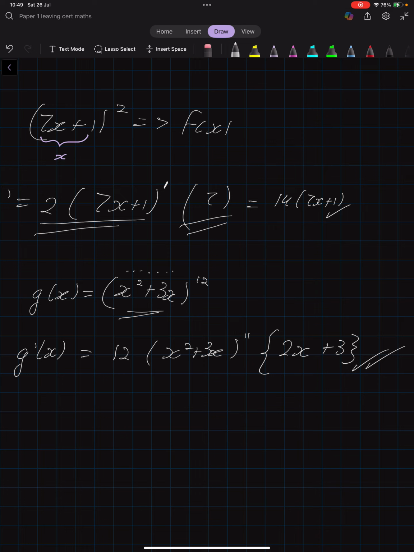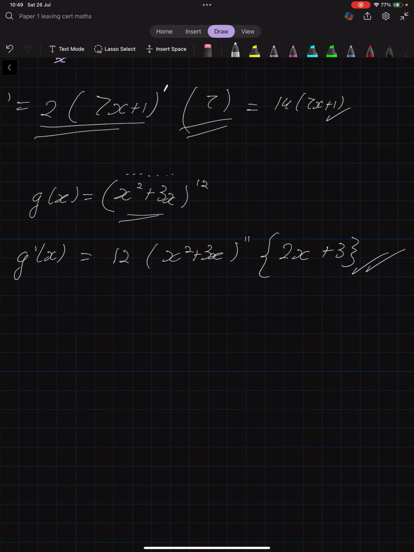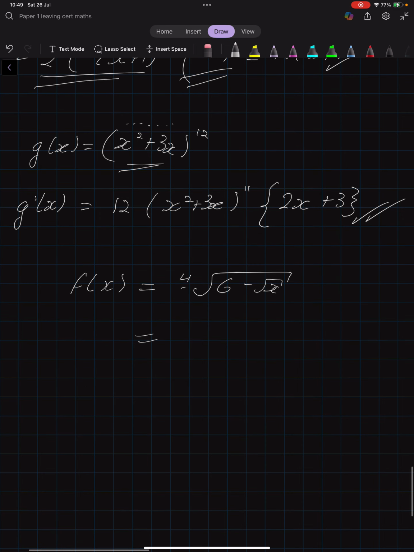I'll do a few hard ones. So what if f of x was equal to the fourth root of 6 minus root x? So remember, the very first thing you do is you always change the power.